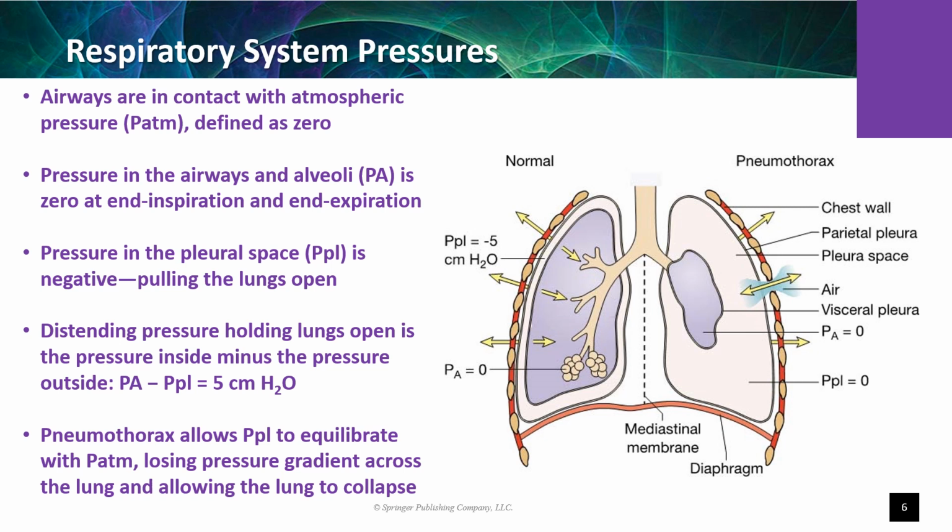If a pneumothorax occurs, air enters the pleural space, and the pleural space now has the pressure of the atmosphere inside. Immediately, the lung will collapse down and the chest wall will expand.